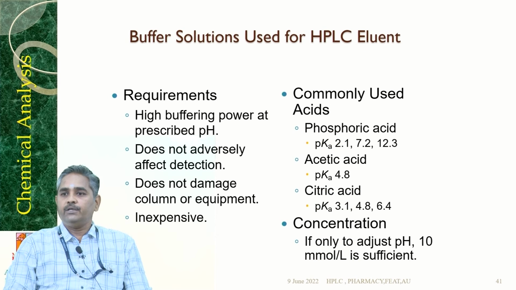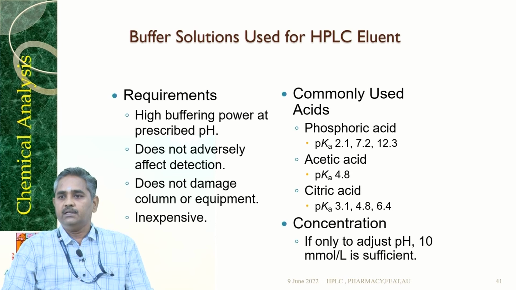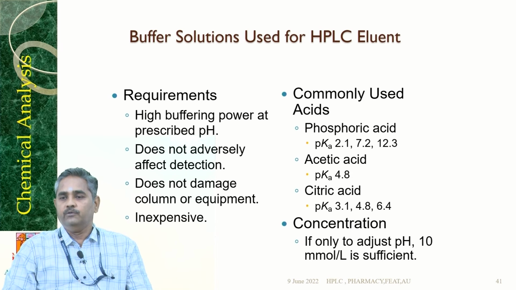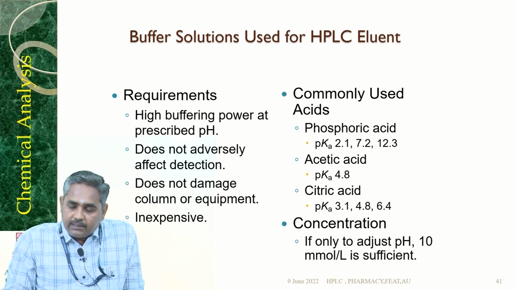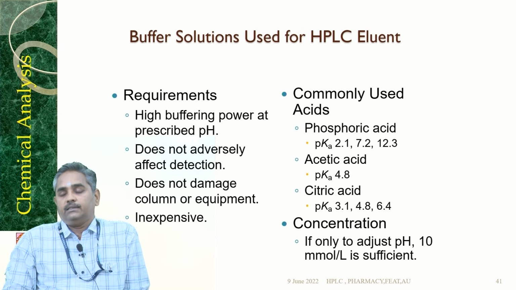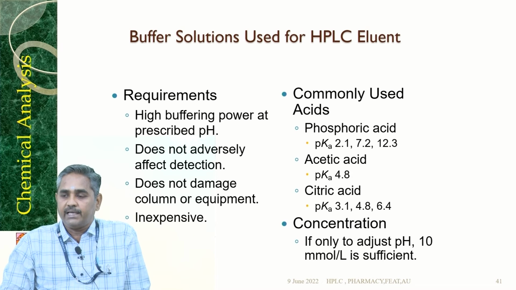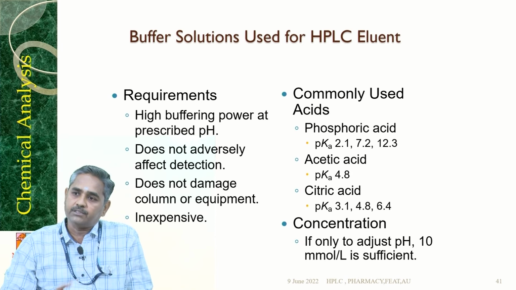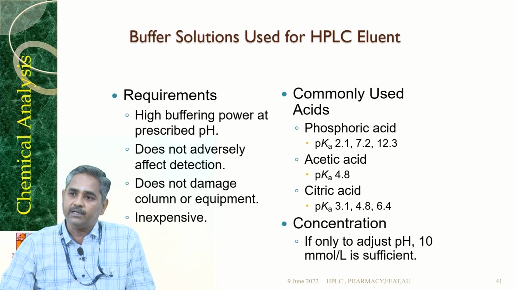Buffer solutions generally used have a high buffering capacity at the prescribed pH. They should not affect the detection, should not damage the column or equipment, and should be inexpensive. Why I am telling this: the main point is that inorganic buffers like ammonium acetate, sodium acetate, potassium dihydrogen orthophosphate, phosphoric acid, acetic acid or citric acid, when mixed with organic solvents, get precipitated in the column.